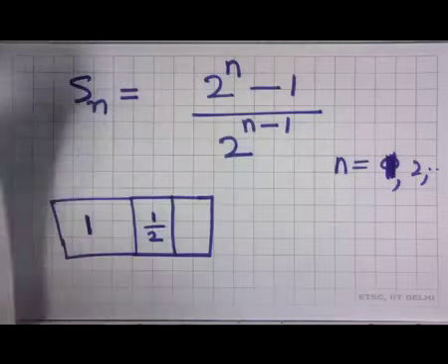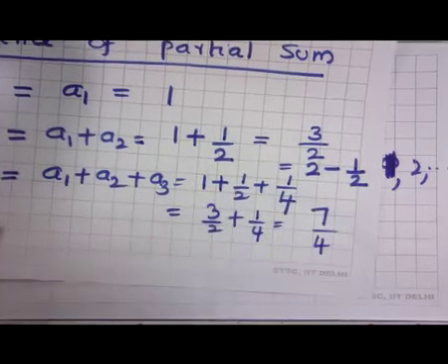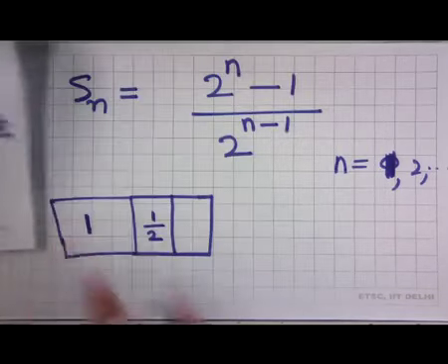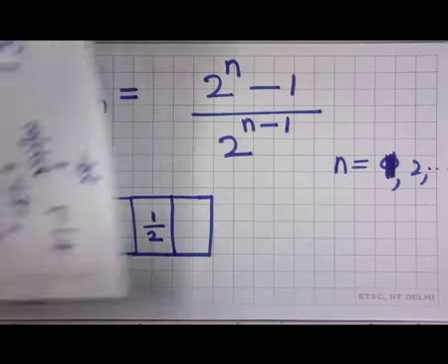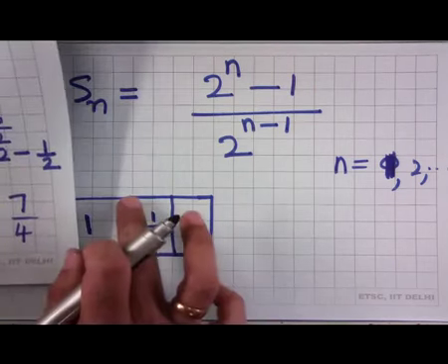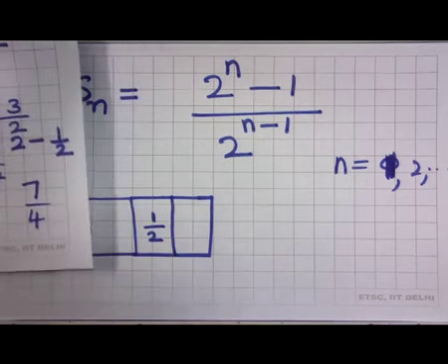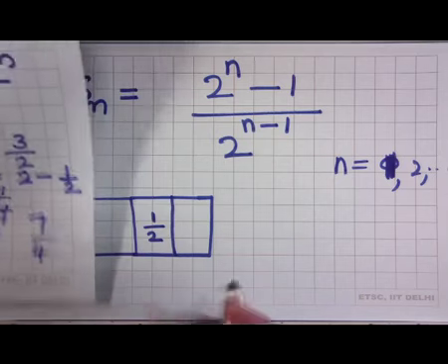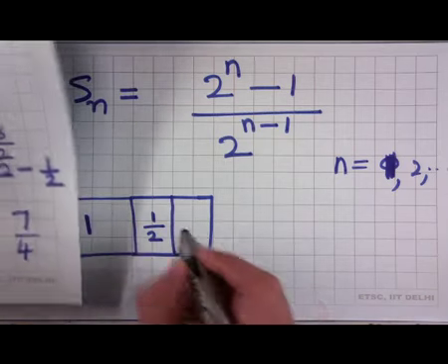You can see that S3 is 1 plus 1 by 2 plus 1 by 4, which is the area of the first unit square plus the area of half of the second unit square, and again you have to add half of the remaining half.